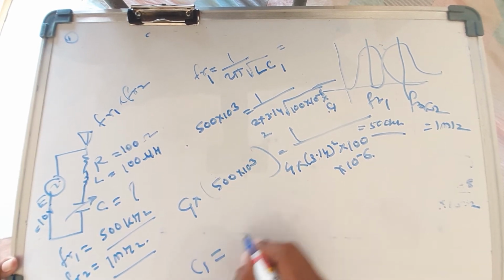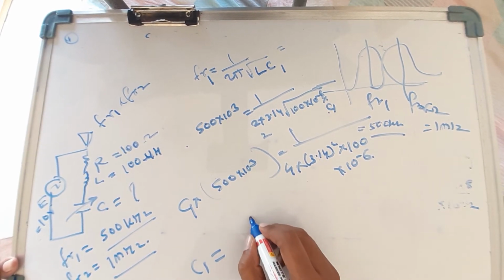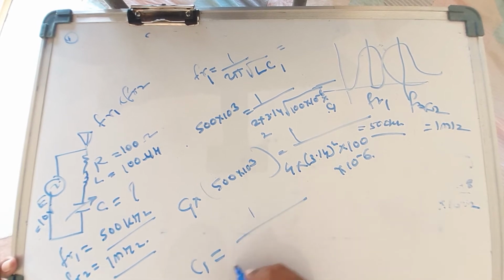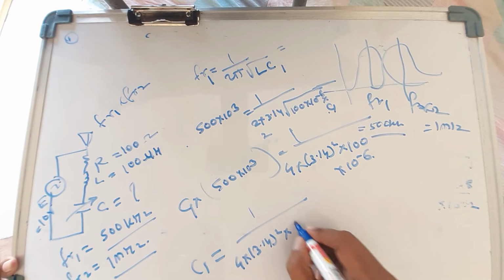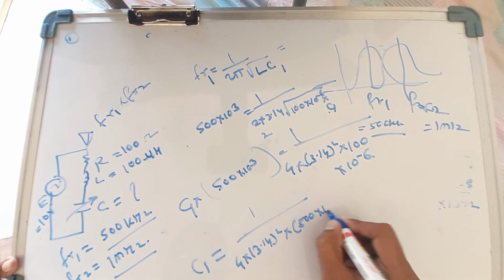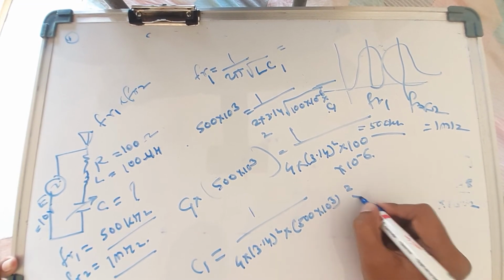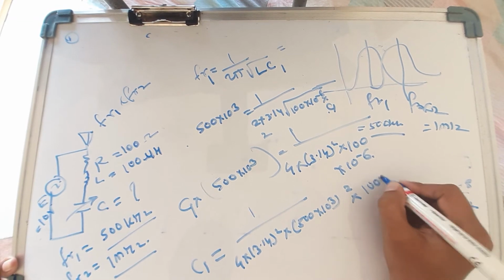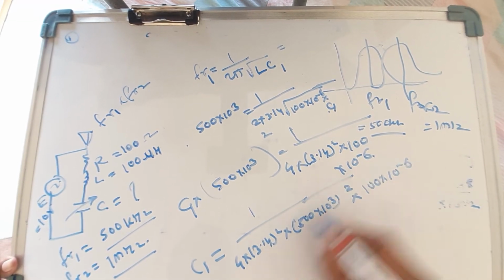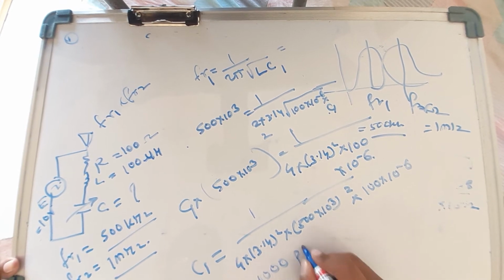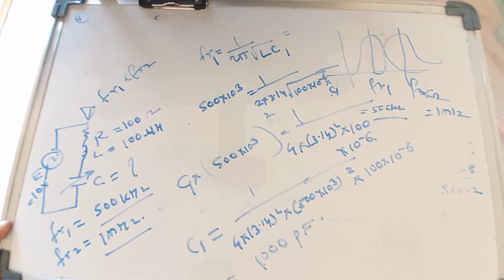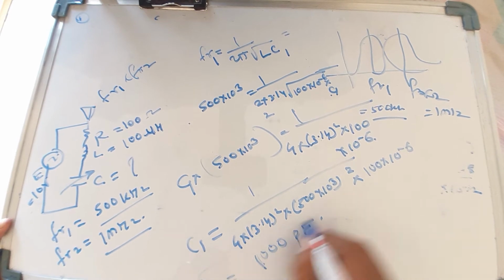So C1 equals 1 upon 4 into 3.14 square into (500 into 10 raised to 3) square into 100 into 10 raised to minus 6. So C1 will come to 1000 picofarad. This is the value of C1, that is 1000 picofarad.